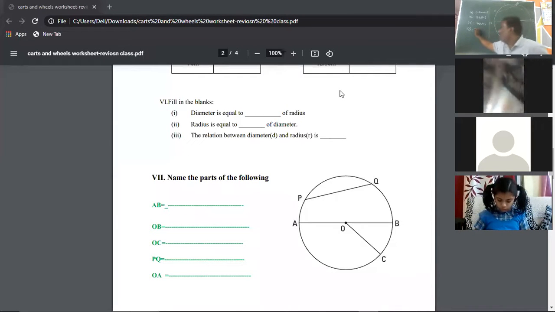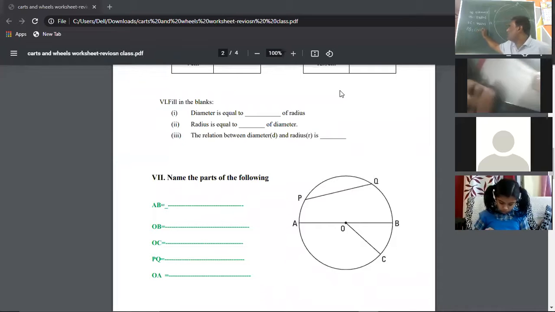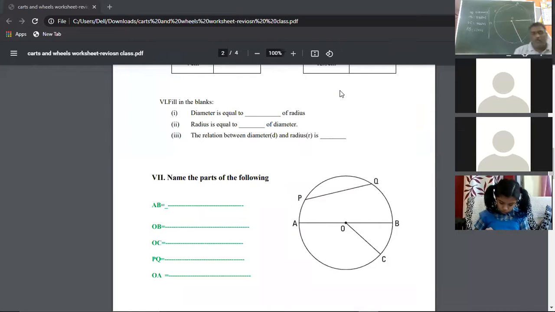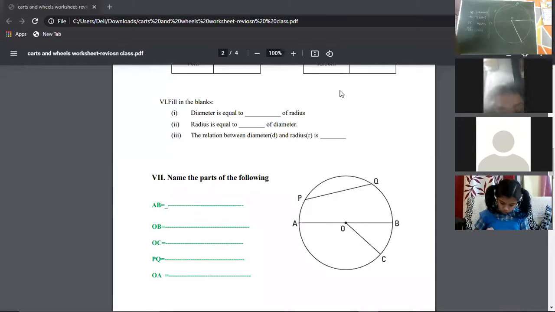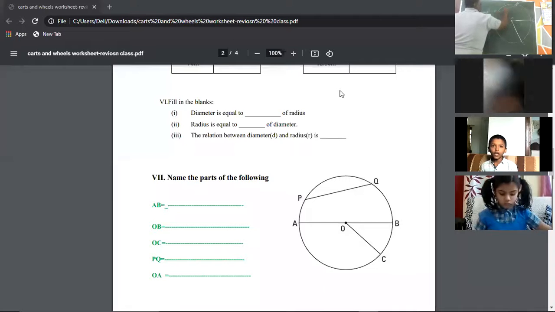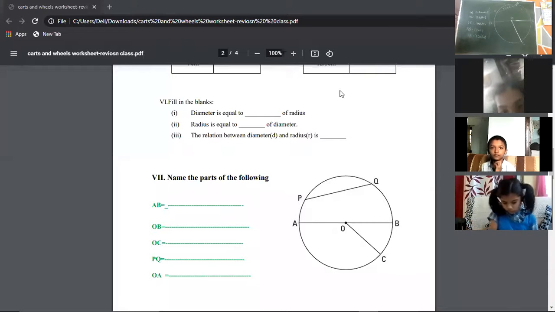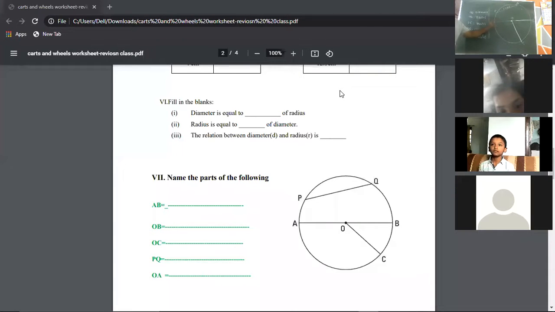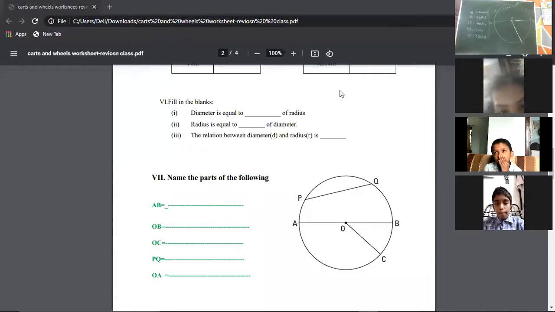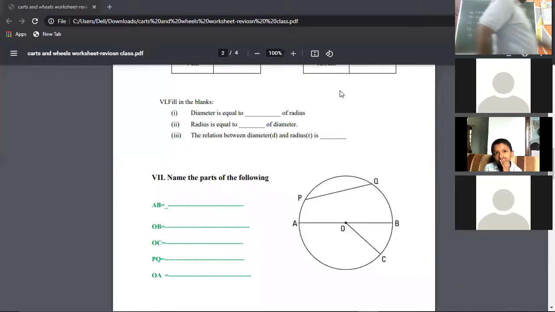PQ is called chord of the circle. This one is called chord. OA is also called radius.